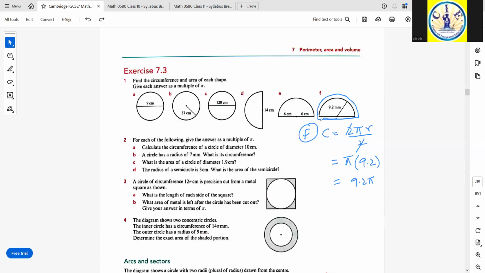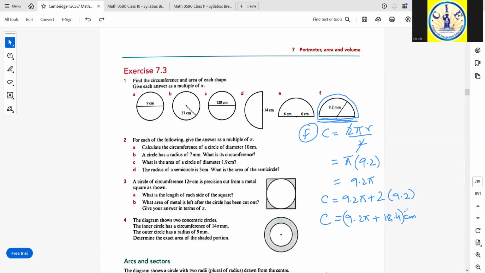For the outer boundary, I need to include this side, that is the diameter of this semicircle. So the complete circumference is going to be 9.2 pi plus 2 times the radius, that is 2 times 9.2. So 9.2 pi plus 18.4, and this whole is to be given in centimeters. So this is the answer for the circumference of this semicircle.